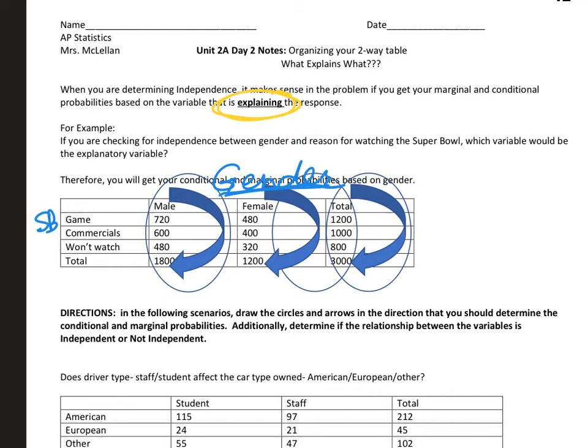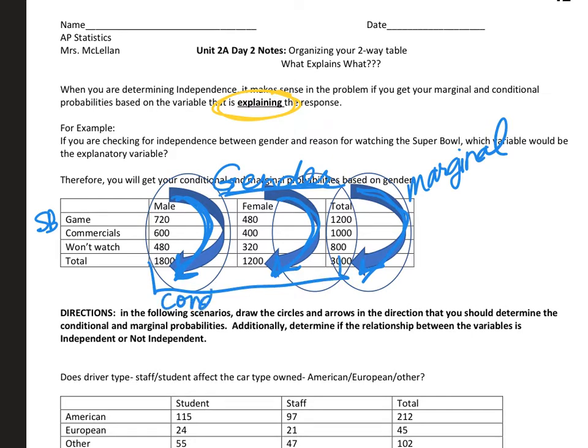So I'm going to take my arrows and go from male down to the denominator, female down to the denominator, and total down to the denominator, because this will then end up being my marginal, which is the totals.